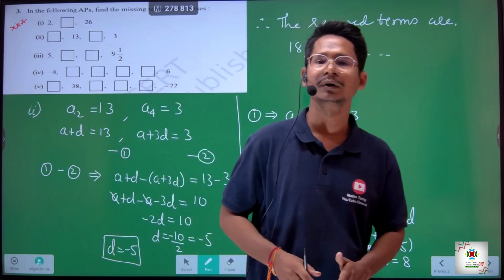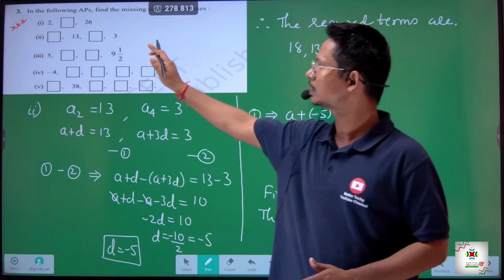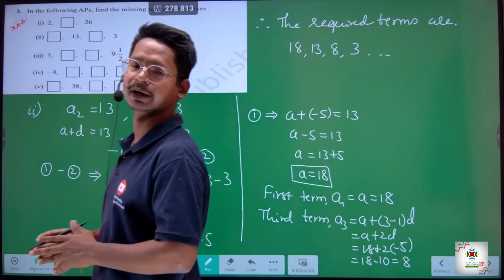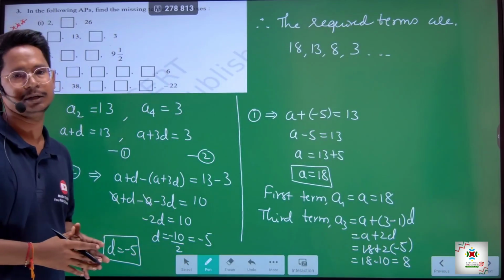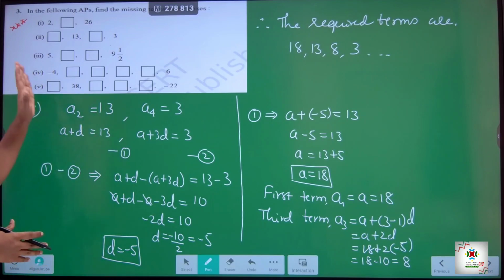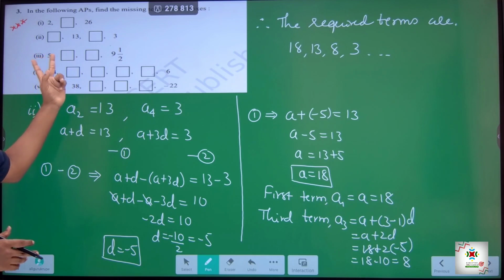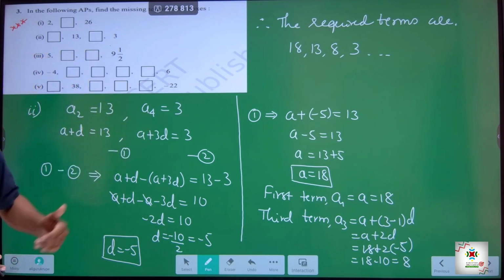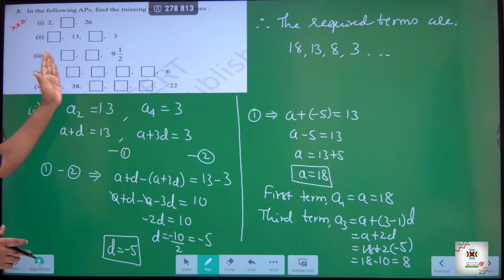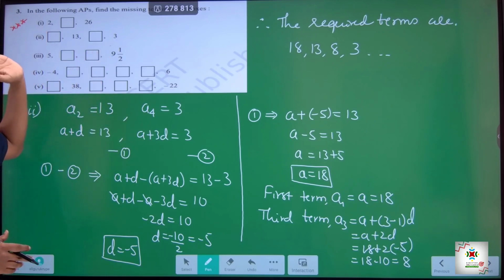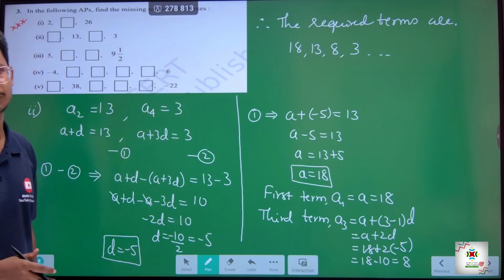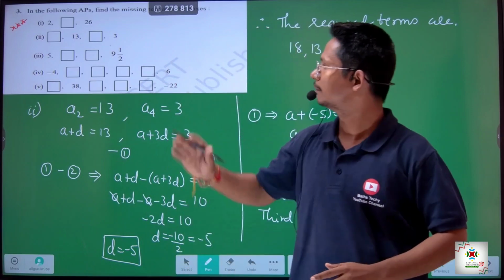With the help of expressing each term in terms of A and D, you can find A and you can find D, and then you can find any term. No need to panic, because for any given question they will give minimum 2 terms. When they give minimum 2 terms, each term you have to express in terms of A and D, except the first term. Once you are able to find A and D values, you can find any term. That is the idea behind finding the missing terms.